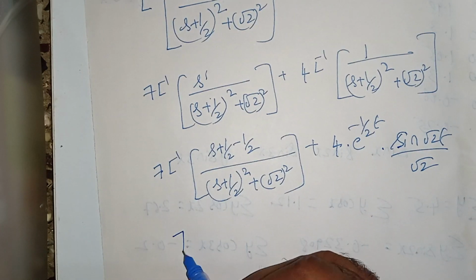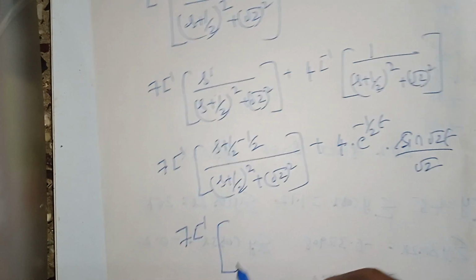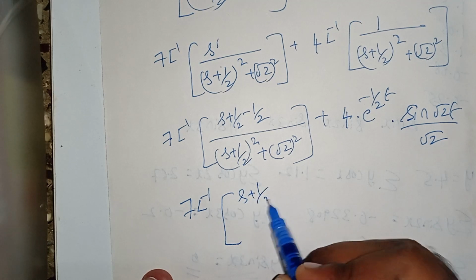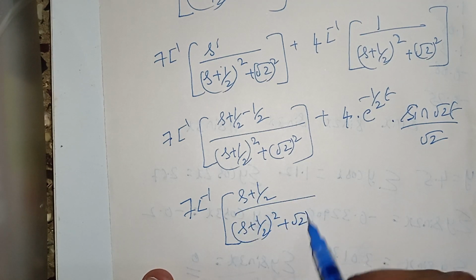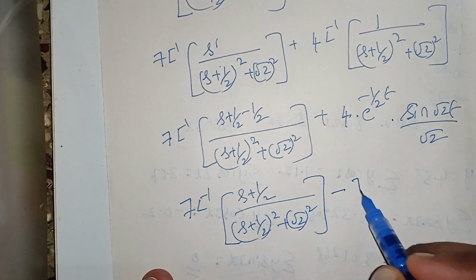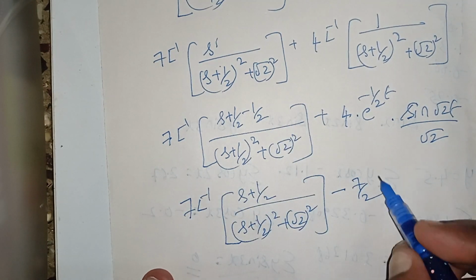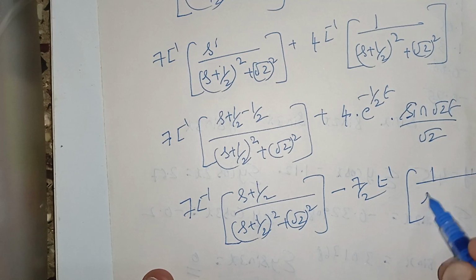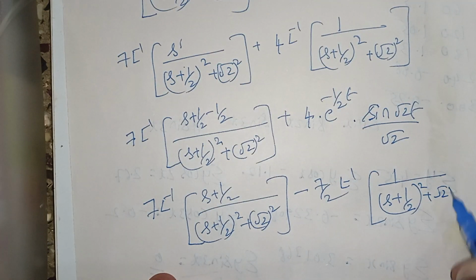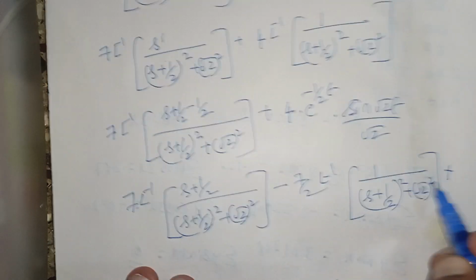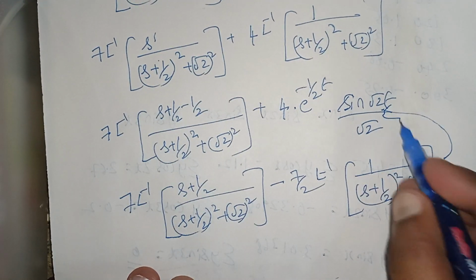And here I will write it as 7 into L inverse of s plus half divided by s plus half whole square plus root 2 square, minus 7 by 2 into L inverse of 1 divided by s plus half whole square plus root 2 square, plus this term.